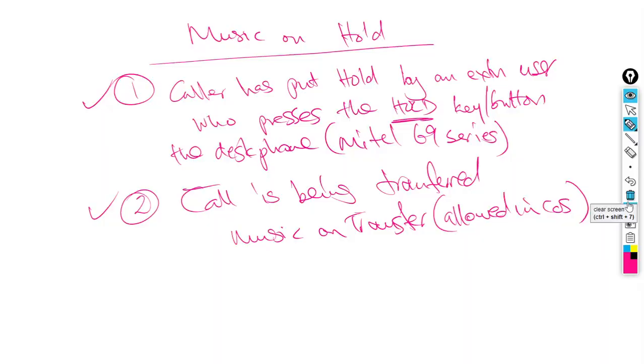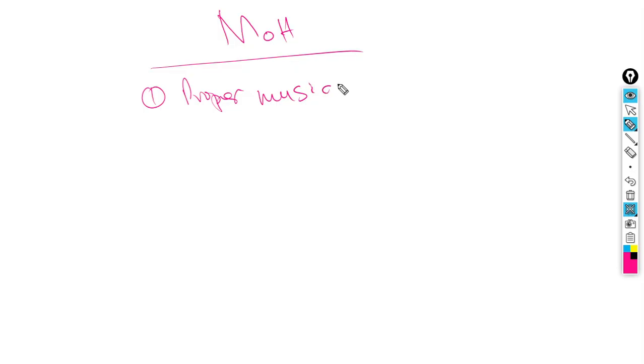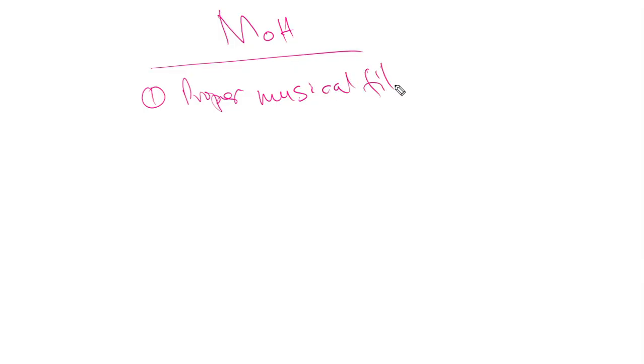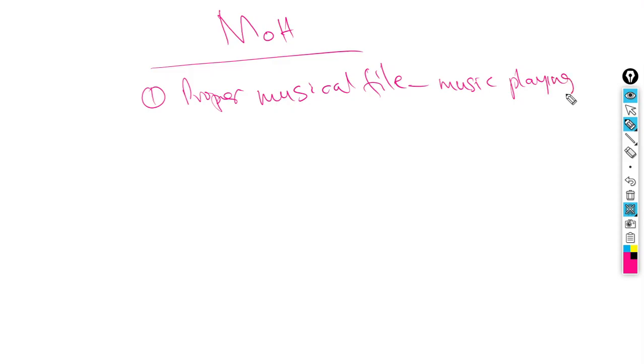So music on hold, I'll represent it by MOH, could be, number 1, a proper musical file, which means we've got music, our instruments playing, with instruments and so forth, like a song.